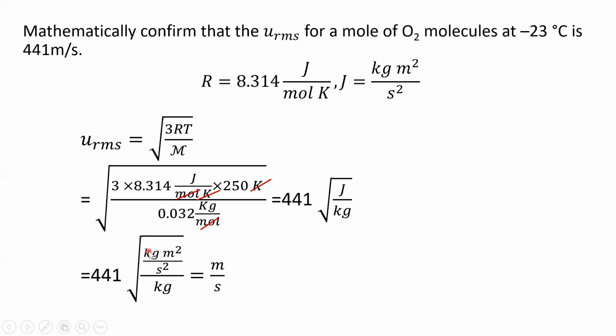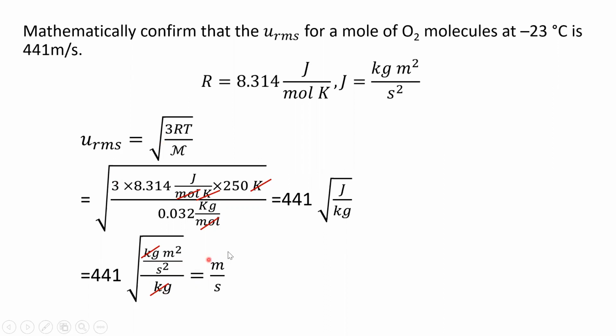Now we've got kilograms here and we've got kilograms here, so the kilograms cancel out. So what we actually end up with is the square root of meters squared per second squared. And the square root of meters squared per second squared equals meters per second.